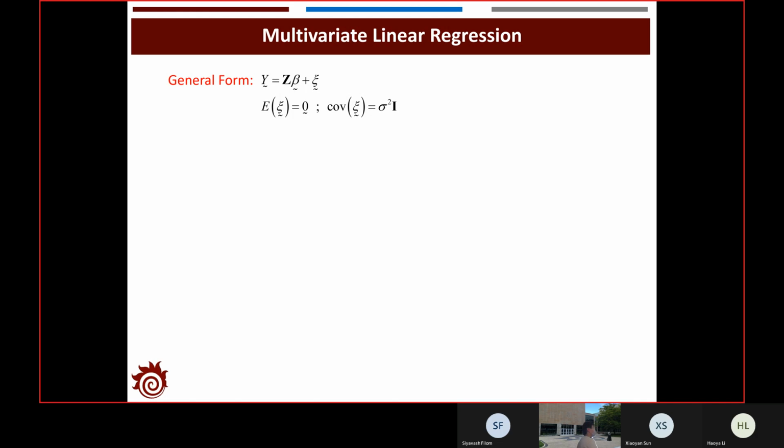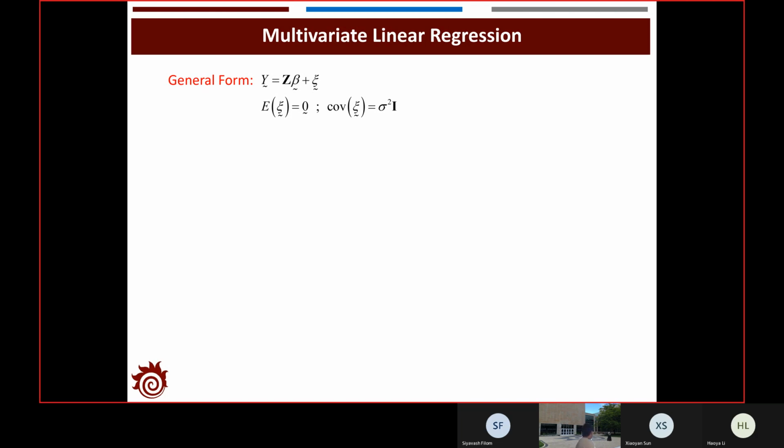Here also we have the random term, and we assume that the expected value of the random term is 0, and the covariance of the random term is epsilon times I. So it means that for each observation, the random term is independent of the other observations. So if we check the covariance matrix, we only have values on the diagonal, and for all the other elements, for different observations, the covariance will be 0.